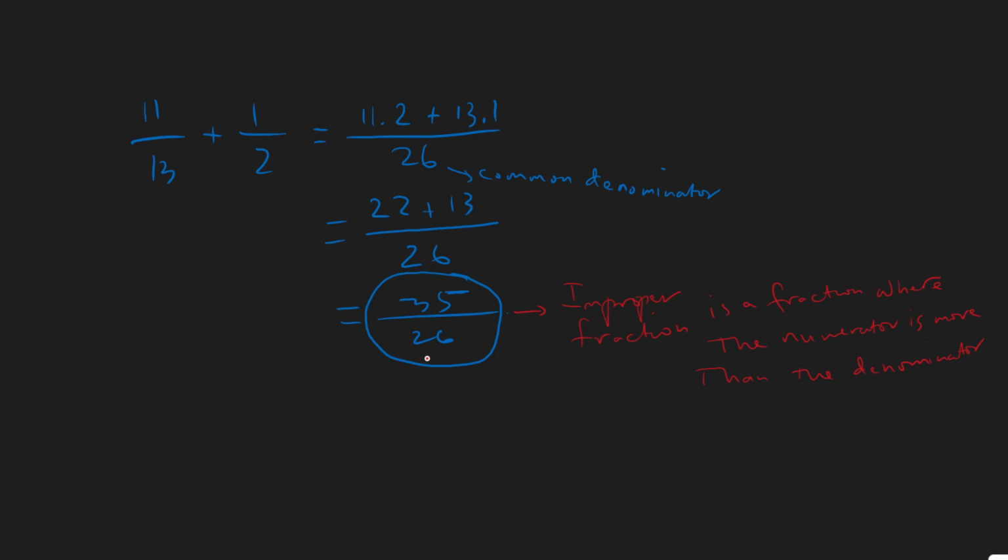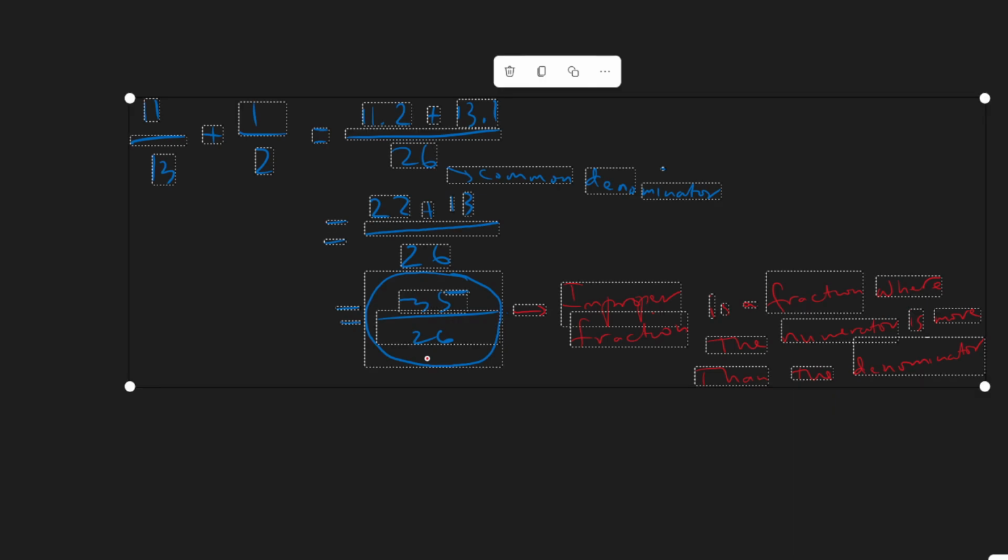Let's go and work with mixed numbers. So what is a mixed number? A mixed number is a fraction that is converted. That's the conversion of an improper fraction. You only use mixed numbers when you get improper fractions.